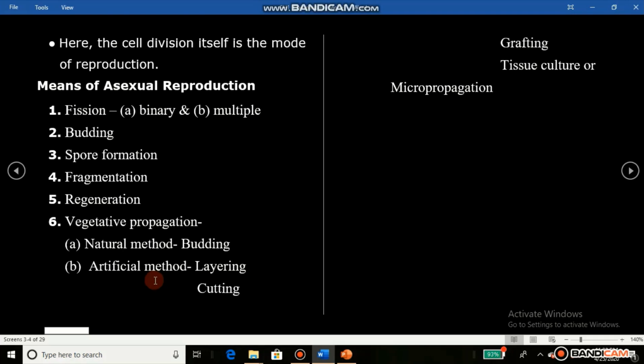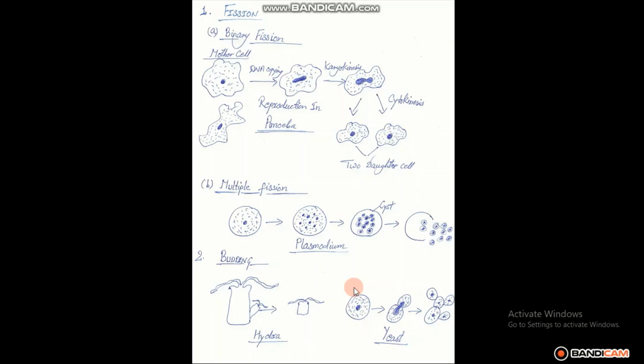Let me explain all these things with the help of a diagram. See, first is fission. What is the meaning of fission? Fission means division.